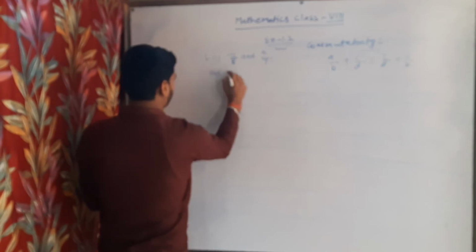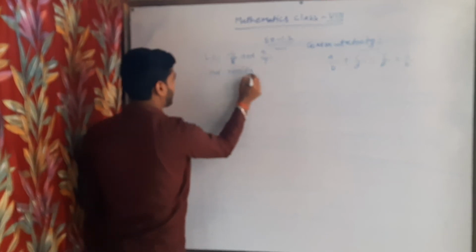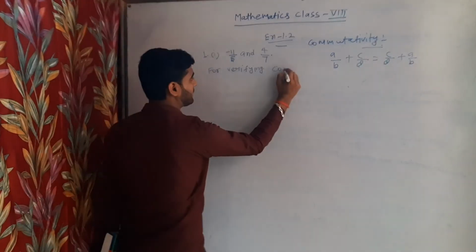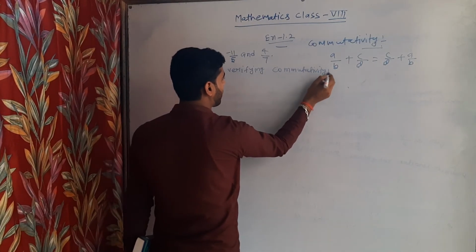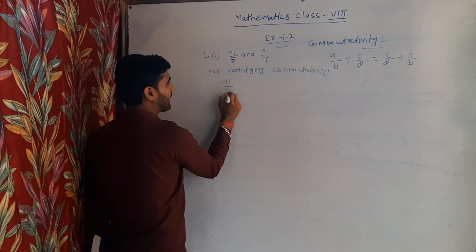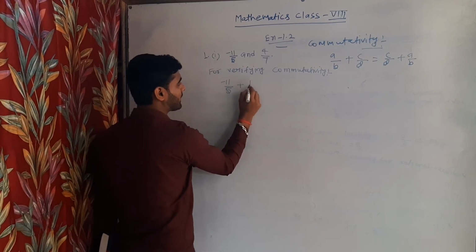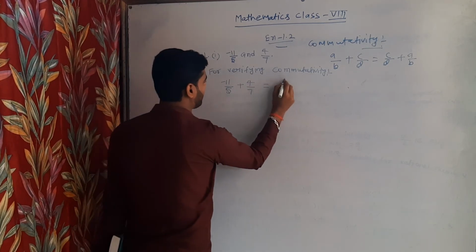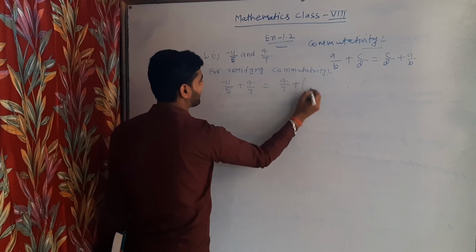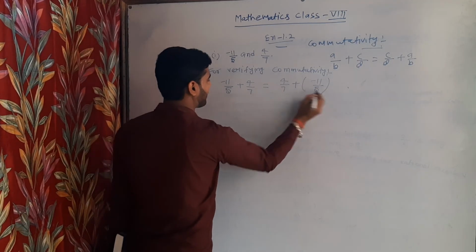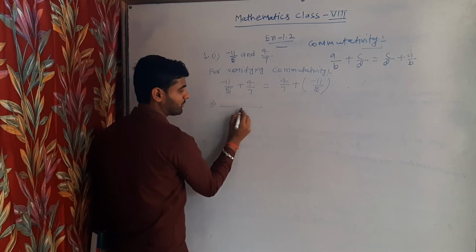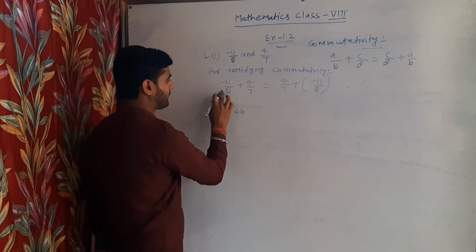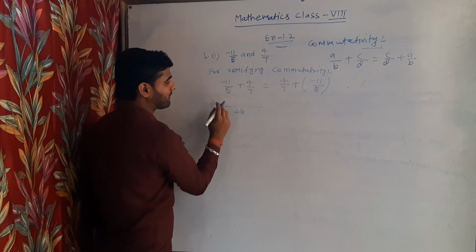For verifying commutativity, minus 11 by 5 plus 4 by 7, and 4 by 7 plus minus 11 by 5. We take LCM of 5 and 7, which is 35. Now we divide 35 by 5.